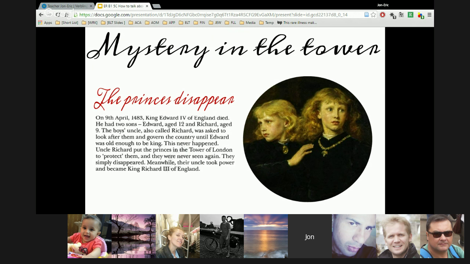The boys' uncle, also called Richard, was asked to look after them and govern the country until Edward was old enough to be king. This never happened. Uncle Richard put the princes in the Tower of London to protect them, and they were never seen again. They simply disappeared. Meanwhile, their uncle took power and became King Richard III of England.